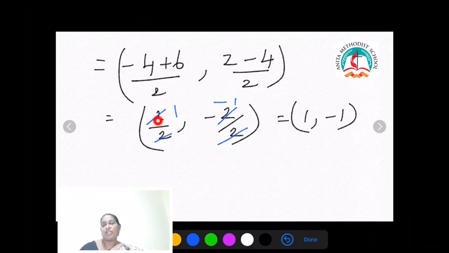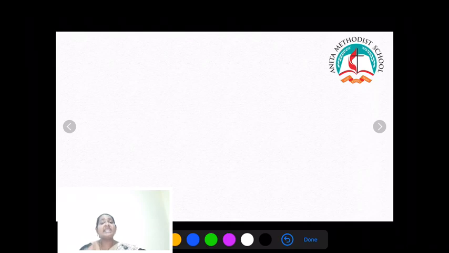So we get 2, then 2 by 2 cancels to 1. 2 minus 4: which is the greater number sign? Minus is greater. So minus 2 by 2 is minus 1. So we get the point 1 comma minus 1. This is the midpoint. Okay children, after getting the midpoint, what should you find out?